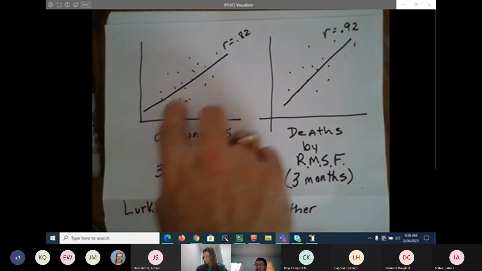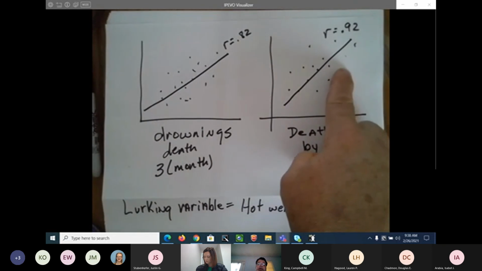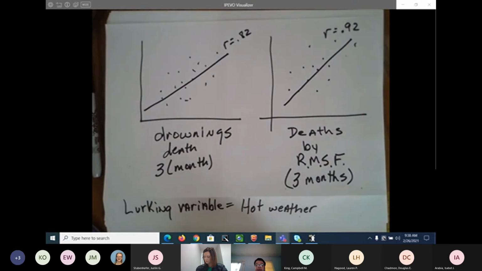That would be very high drowning deaths and very high Rocky Mountain spotted fever, because what do people do when the weather is nice? They either go swimming or they go hiking, or they go outside and work in the yard, or go outside and bush hog the pastures and work the cows or do something. They're outside doing stuff.